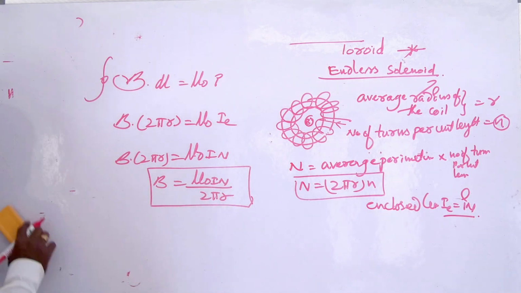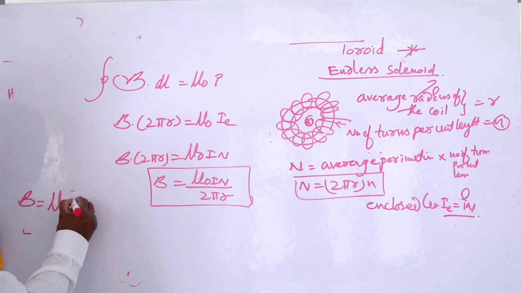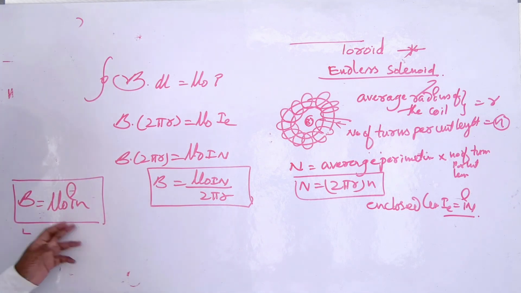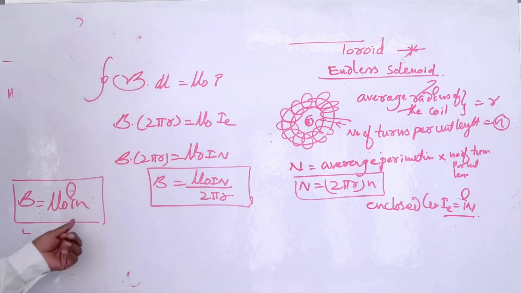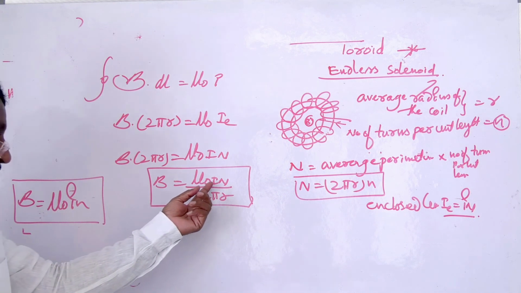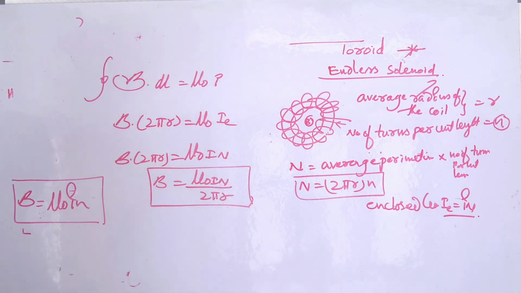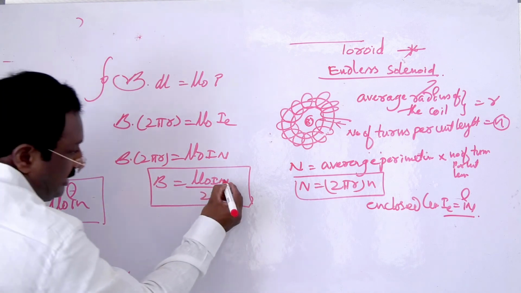Whereas the magnetic field produced in a solenoid is mu naught I n. Which is easier to find? In this equation there are only two letters, I into n. Whereas here, I into N, and again in the denominator r. It is so difficult, so that is why we can change this equation. Here, what is capital N?